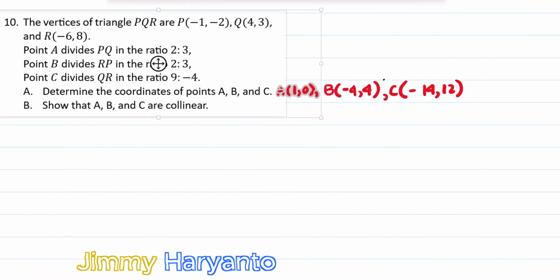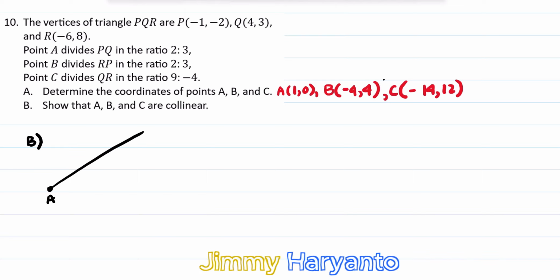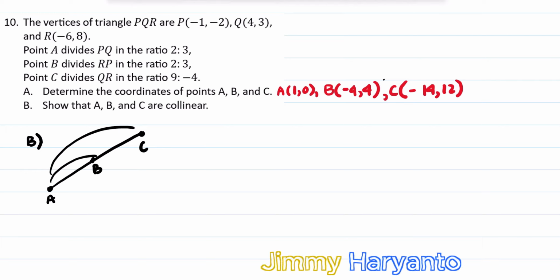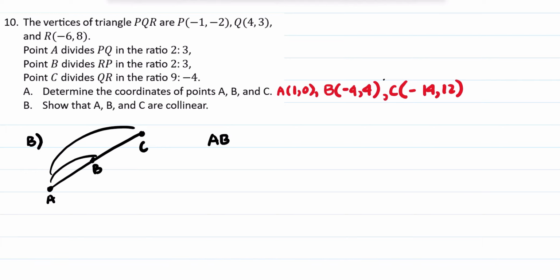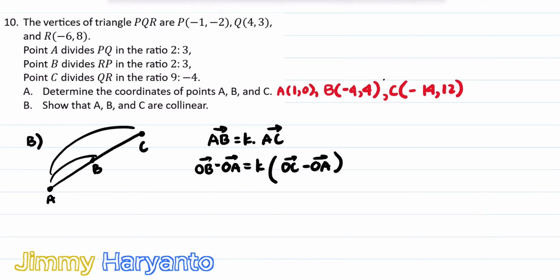Next is part B, to show that ABC is collinear. So this one is A, this one is B, and that one is C. That means I will take AB and AC. AB equals k times AC, the formula for collinear. That means OB minus OA equals k times OC minus OA.